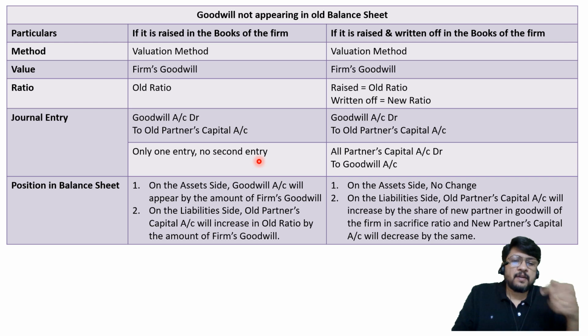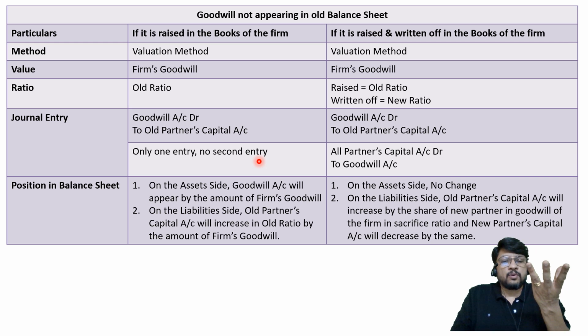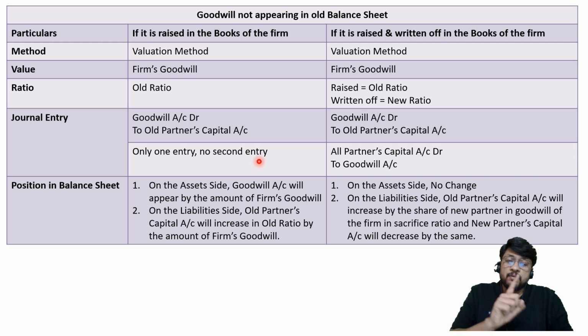In the first entry we debited it, we created it. Now you want to write it off, you want to cancel it, so it will be credited, and debit will be given to whom? Now here you will have to be careful. Debit will be given to all partners. Credit was given to old partners, debit is given to all partners. Since it was old partners, it was old ratio. Since this is all partners, this is going to be new ratio. Entry will be all partners capital account debit to goodwill account.